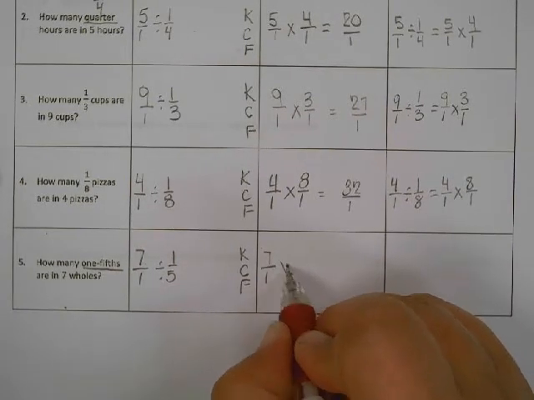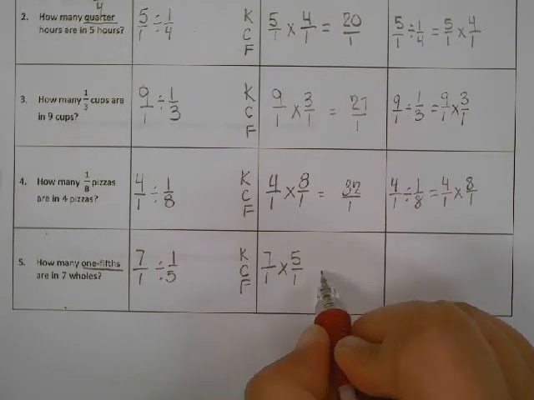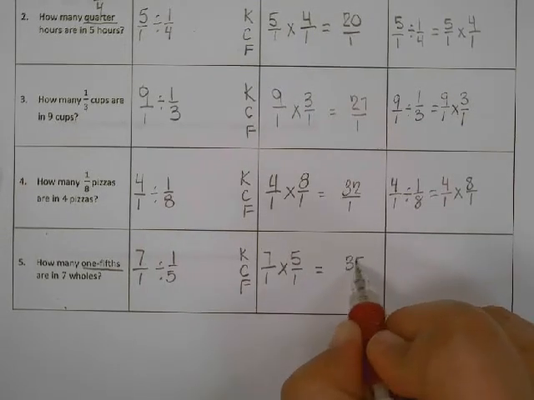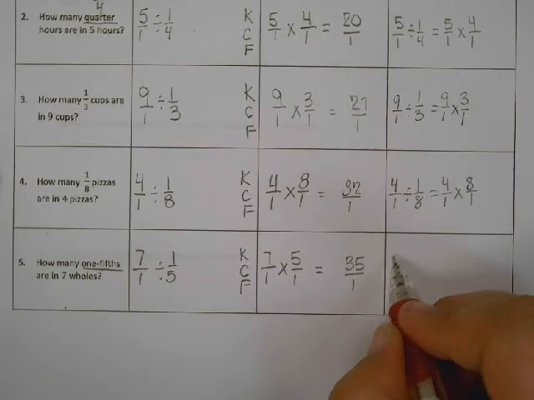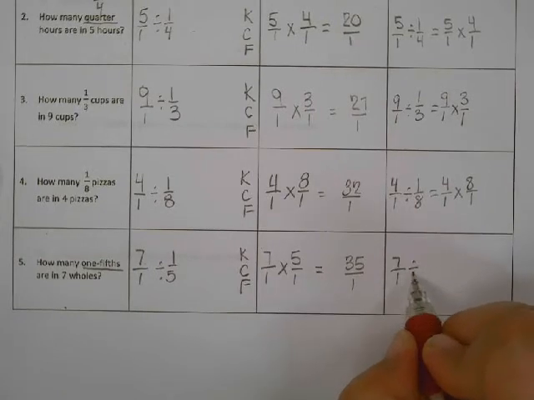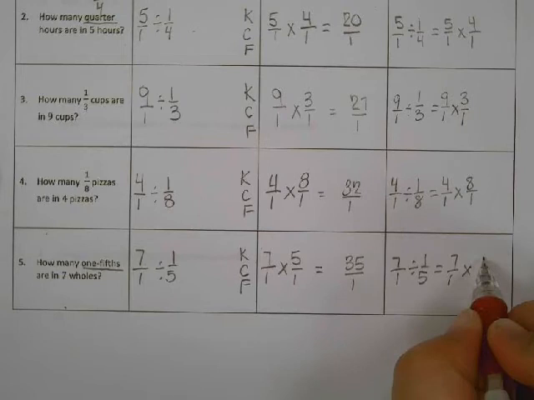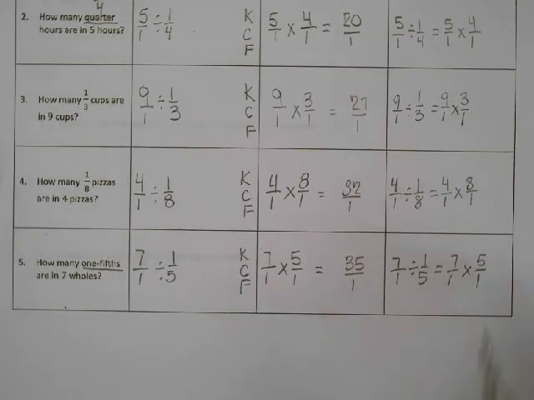Change my operation to multiplication. Go to my reciprocal, which is 5 over 1. And that equals 35 over 1. And then show those two equivalent expressions. 7 over 1 divided by 1/5 is the same as 7 over 1 times 5 over 1.